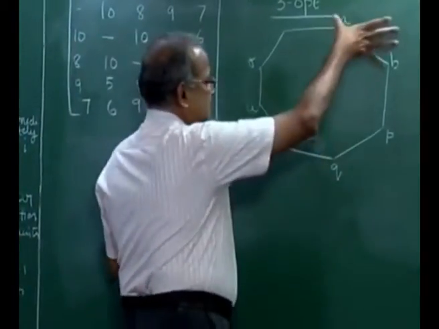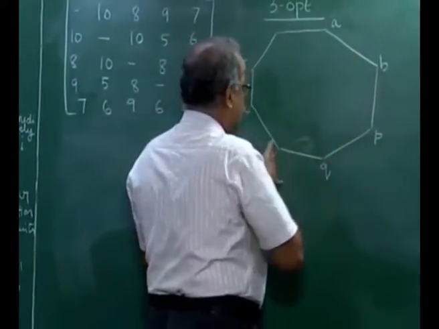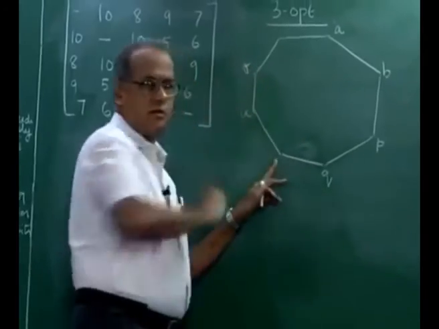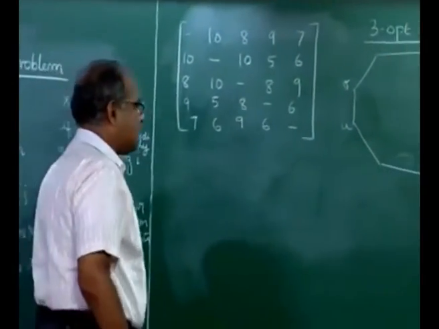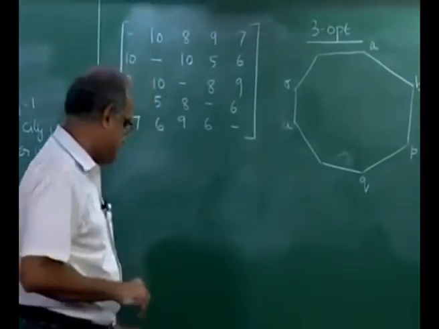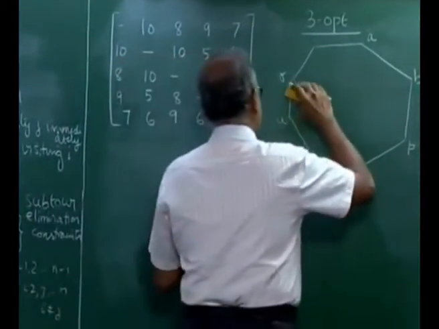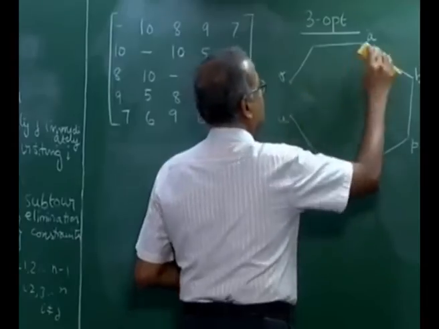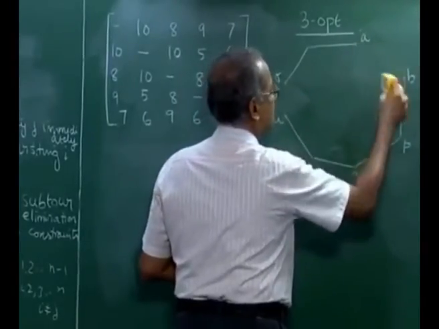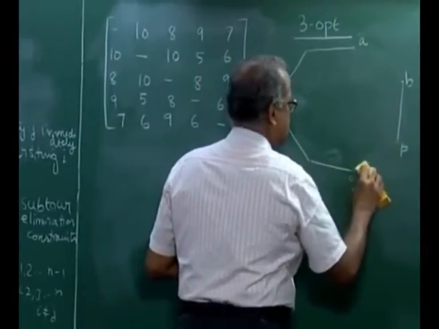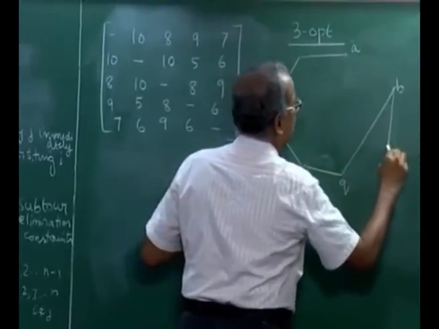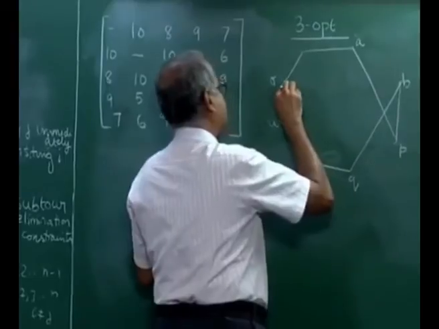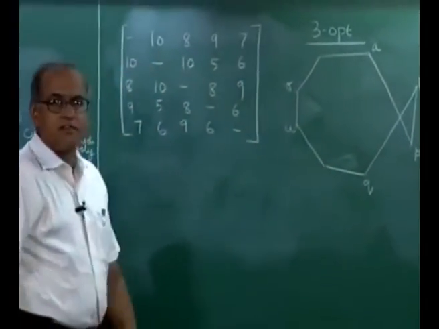You would also realize this is AB, this is PQ, but then I left a node and I have chosen UV here. Now, using this I can actually create some feasible solutions. For example, I can remove this, I can remove this, and I can remove this. Now, I can add these two, I can add these, and I can retain this. This will be another feasible solution.